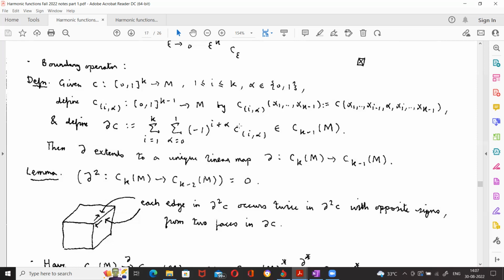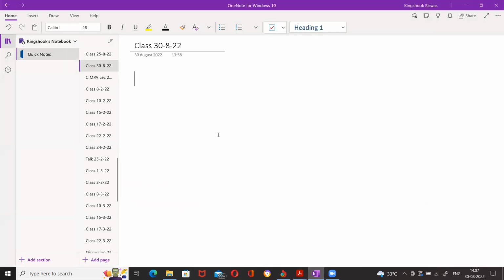So this is a sum of singular (k-1)-cubes, so this is a (k-1)-chain. Okay, so if this seems a bit abstract, let me just draw a picture for you, and you'll see that this gives what you should think of as the usual boundary.